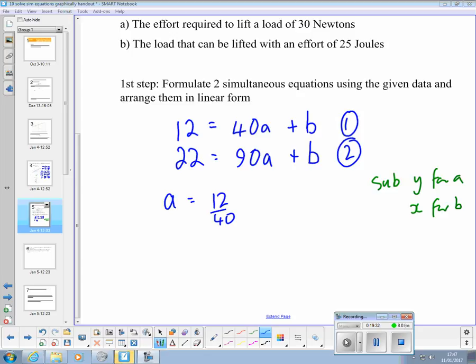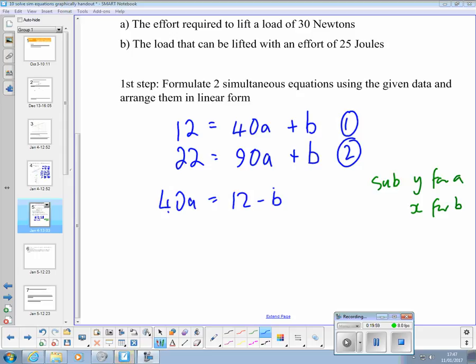Where's the B gone? You got that, it's minus y in terms of y. First of all, we've got to take B away, haven't we? 40A is equal to 12 minus B. Agreed?